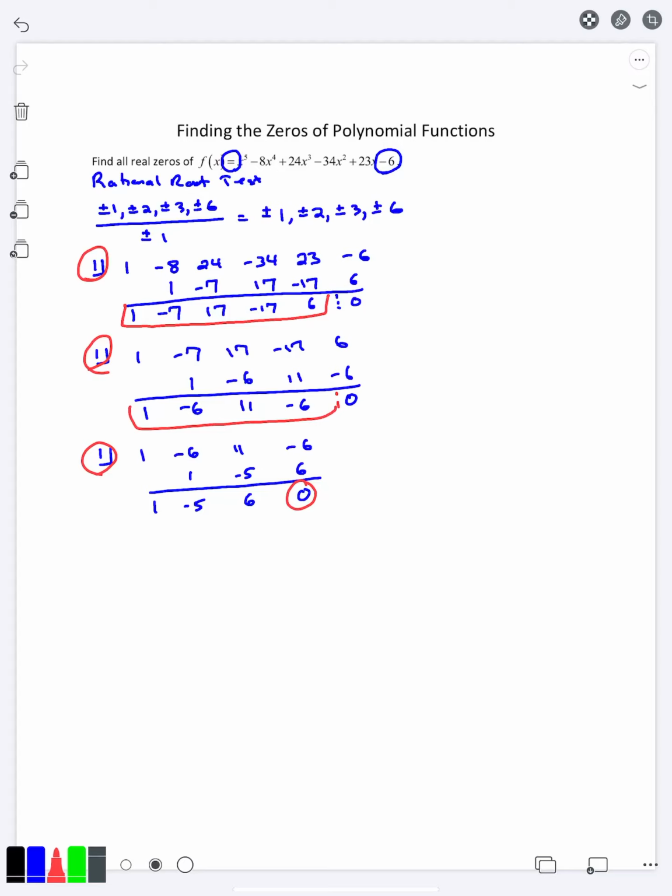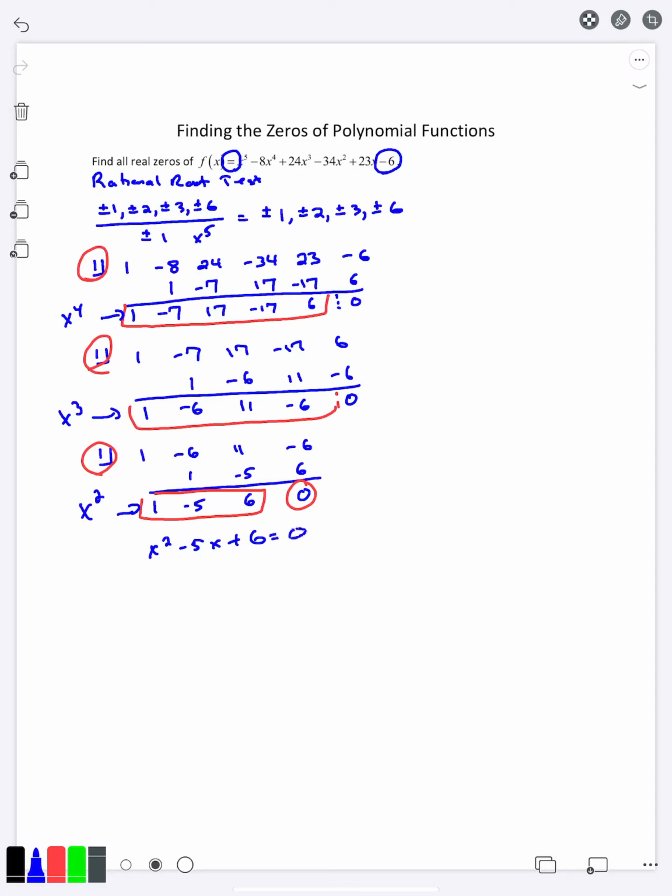At this point in time, the remaining polynomial is just a quadratic, x squared minus 5x plus 6. In case you're not sure about that, we started with an x to the 5th here. That meant the first division reduces it down to x to the 4th, the second reduces it down to x cubed, and the third reduction is down to x squared.